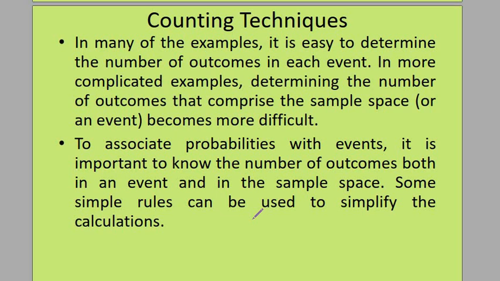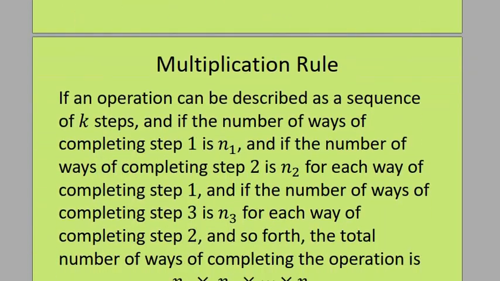And then for you to determine an outcome in an event, in an experiment, we call that an event. To associate probabilities with events, it is important to know the number of outcomes both in an event and in a sample space, and then you apply certain rules for your calculations.